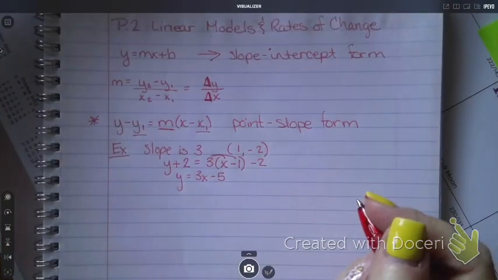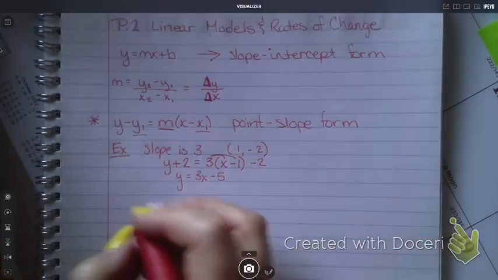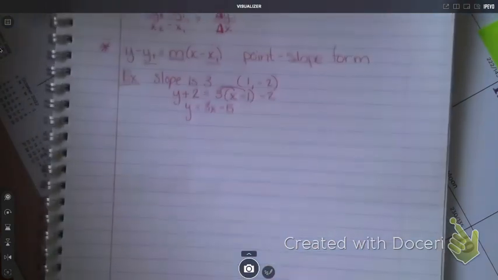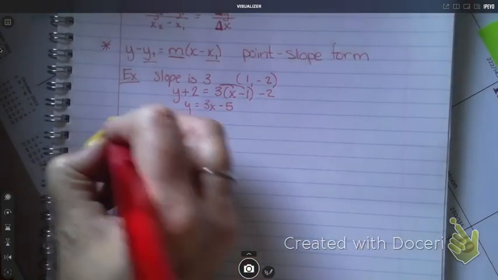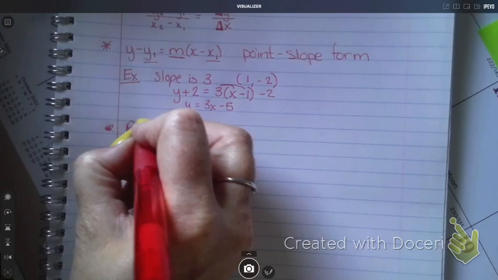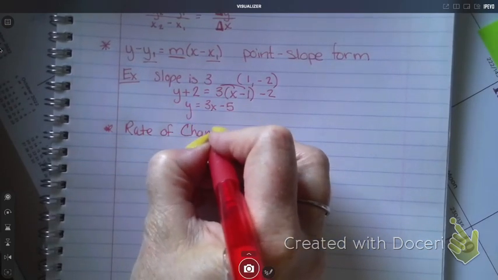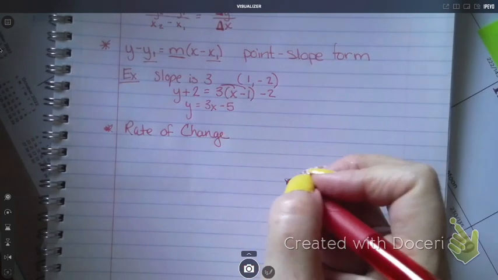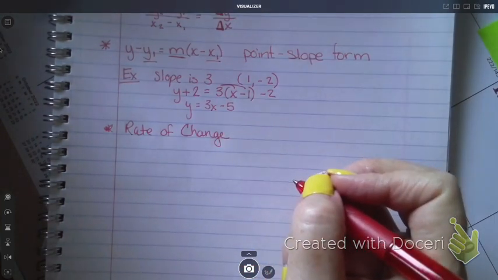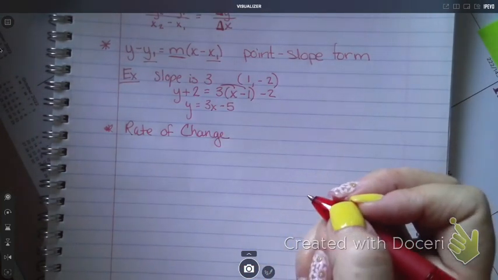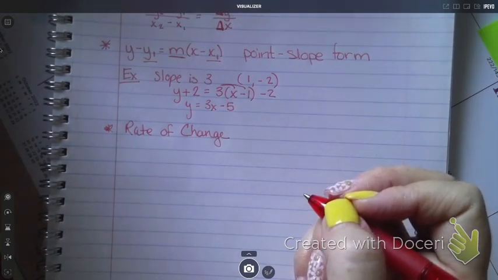Okay, rate of change. What do you think that is to you? The slope, but not on a linear line.